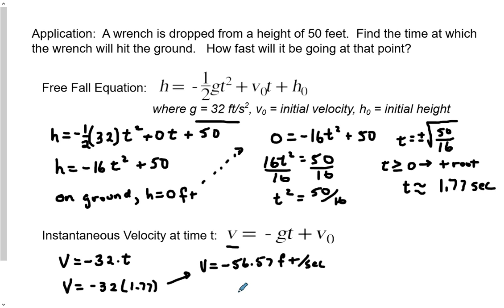How fast is -56 feet per second? Well, if we were really interested, we could see what that would be in terms of miles per hour by doing a brief conversion. Remember that there are going to be 5,280 feet per mile. And if we're going to go miles per hour, we need to convert seconds to hours.